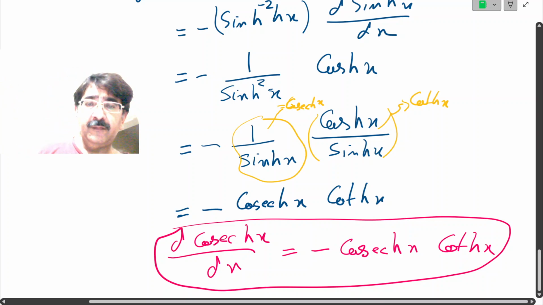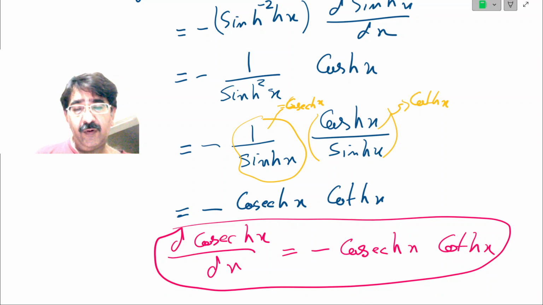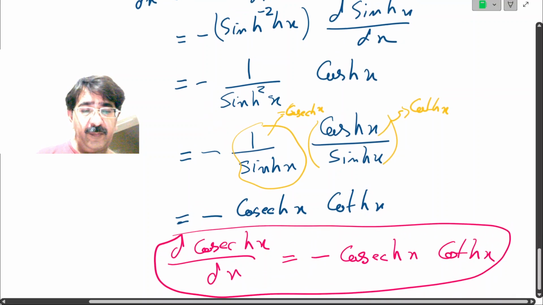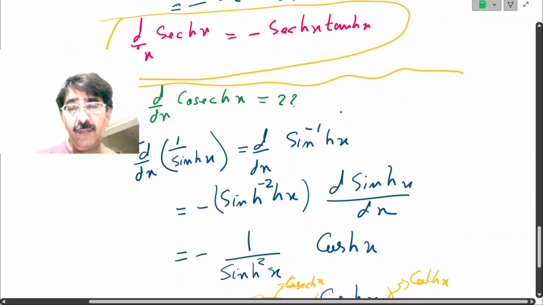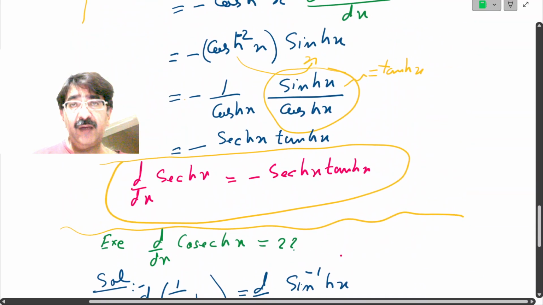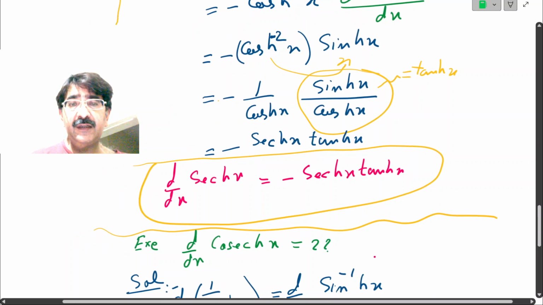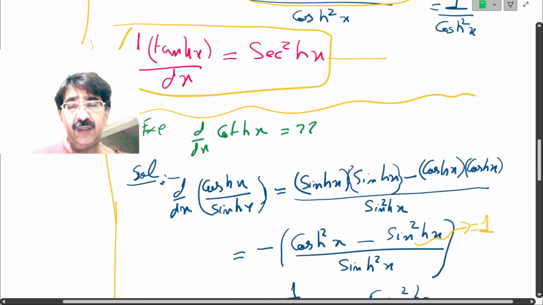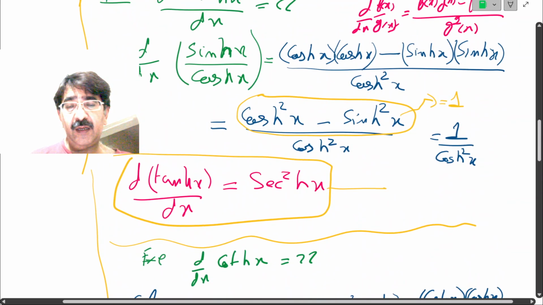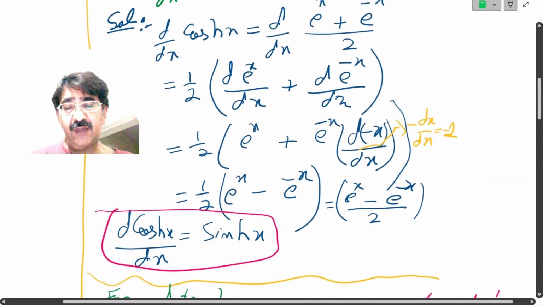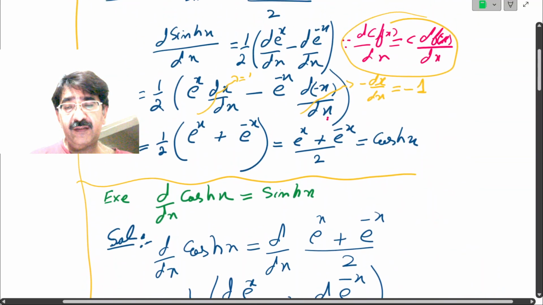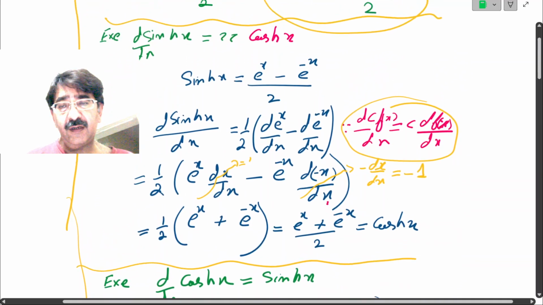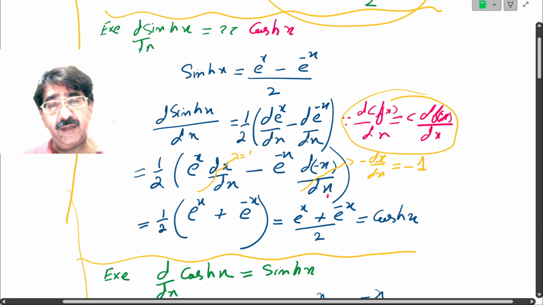So these are the derivatives: for cosecant hyperbolic, it is minus cosecant hyperbolic cot hyperbolic x. For secant hyperbolic, it is minus secant hyperbolic tan hyperbolic x. Cot hyperbolic is minus cosecant square hyperbolic. Tan hyperbolic is secant square hyperbolic x.